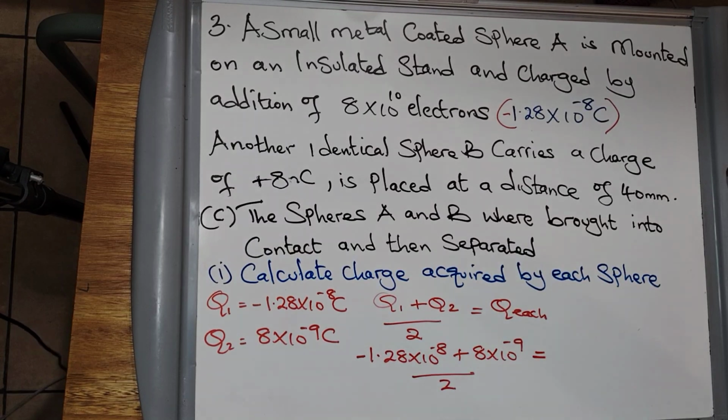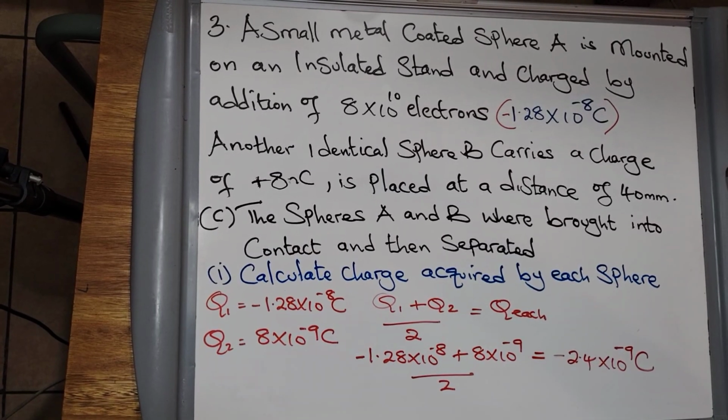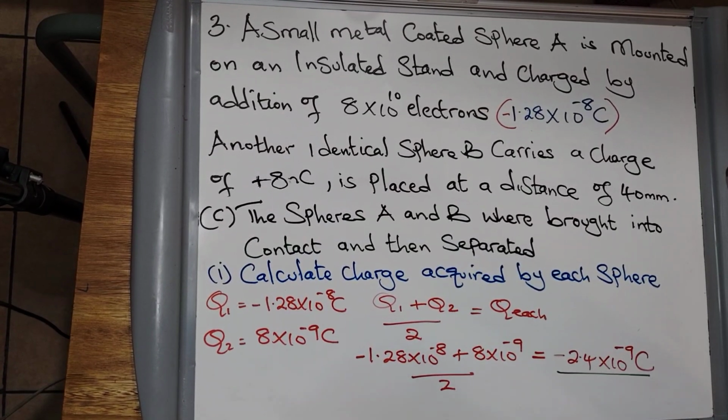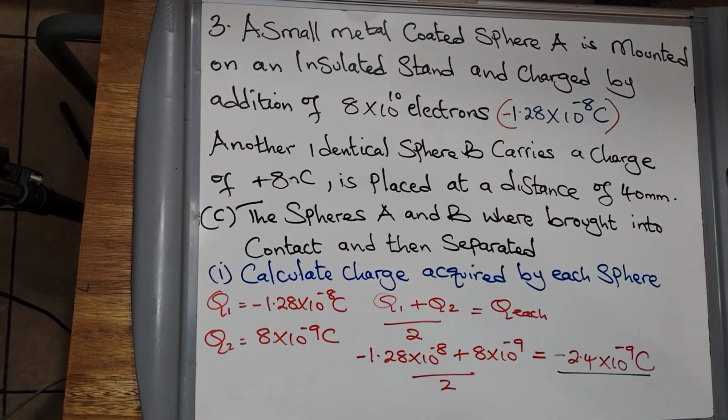What you get here is going to be the charge on each. And there we are. This is the charge which each sphere will have after touching and separating. Then let us look at another question, the follow-up question on this one.